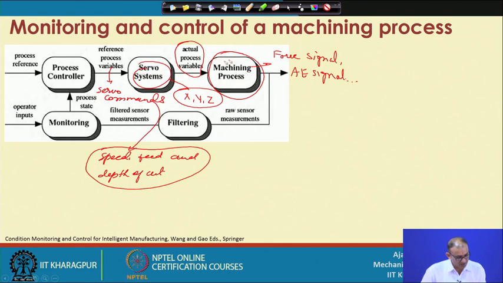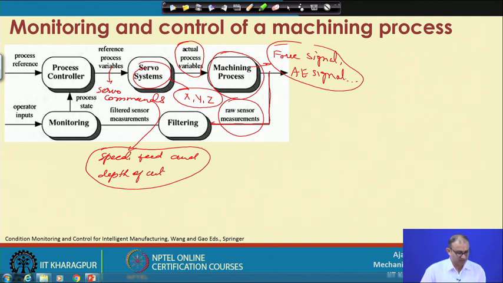So, once you do actual machining, these particular sensors will get some data. So, those data are raw signal. Raw signal means it will get all the data, whether you require those data at the later stage or not. It is an actual mixture of all the required data as well as unwanted data.